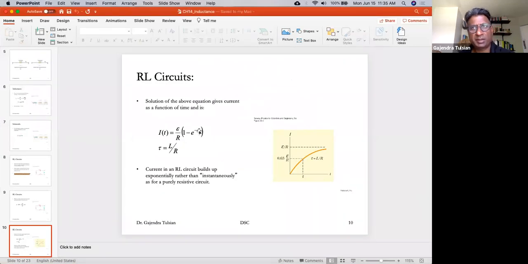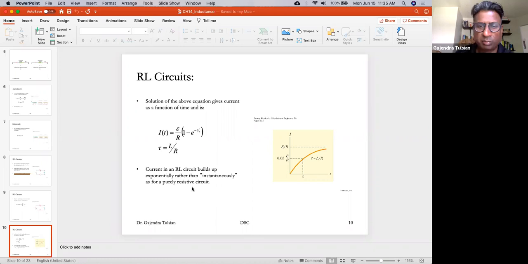And what do we mean by time equal to infinity? You saw that these changes happen over a few milliseconds. So 1 second is infinity. A few hundred milliseconds and stuff has already reached steady state value, and the current has already reached E by R.